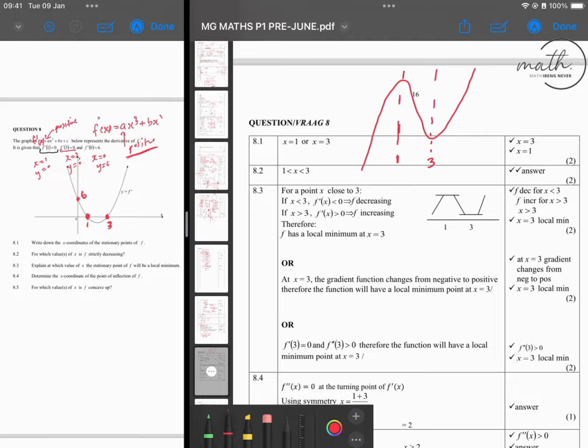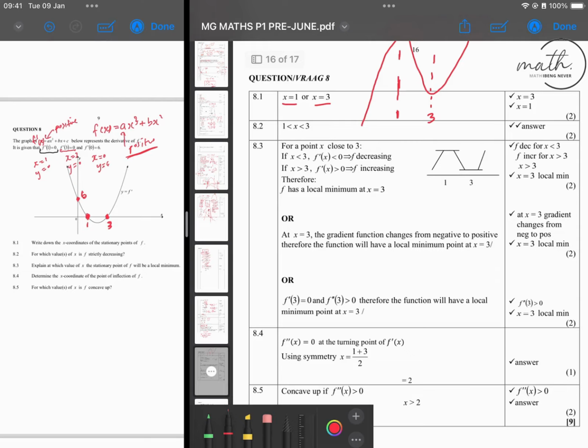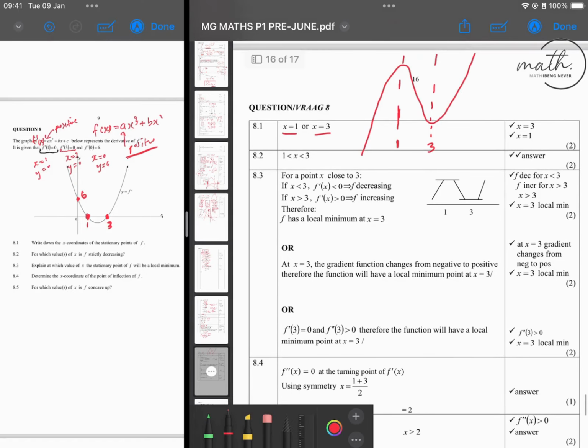Now let's answer the questions. 8.1, write down the coordinates of the stationary points of f. Again, the turning points. They just want the x. So it's x equals 1, x equals 3, what I just said basically. 8.2, for which values of x is f strictly decreasing. F, not the inverse. Remember, the drawing sketch is the first derivative, not f.